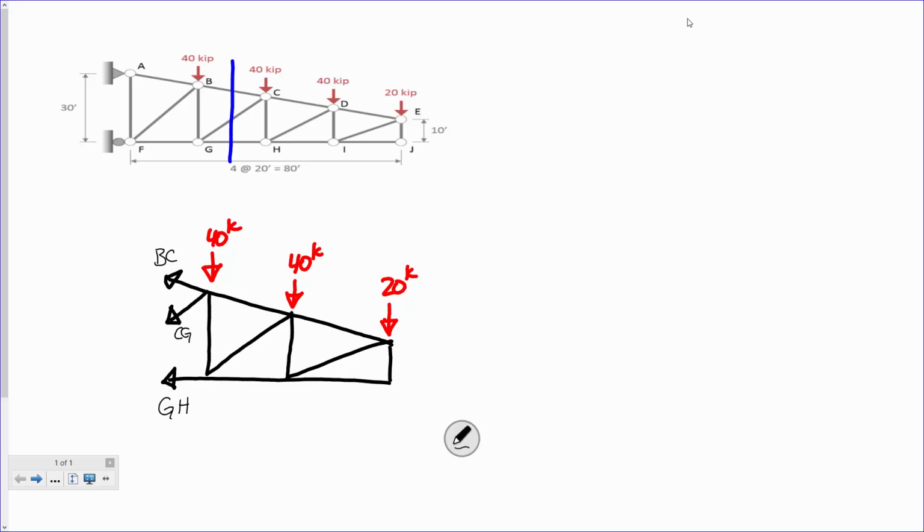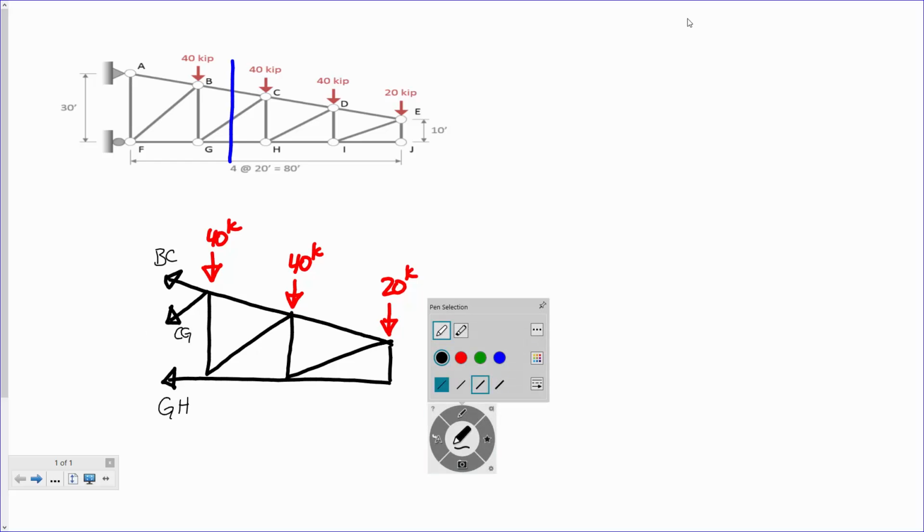Any force that is diagonal, I like to split it up into horizontal and vertical components. I have this horizontal component, we'll call this CGX. We'll call this component CGY.